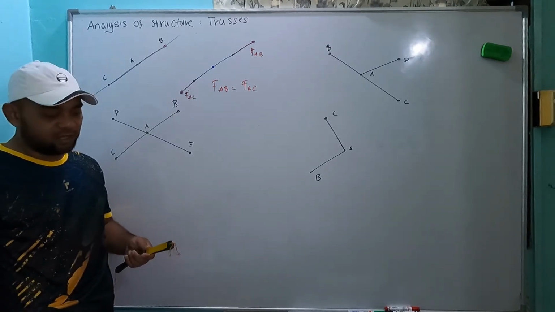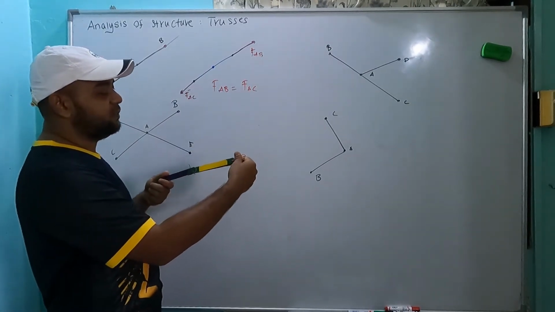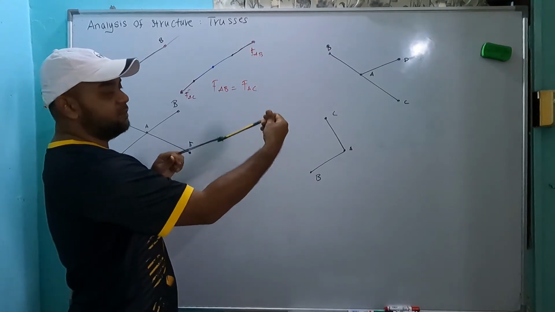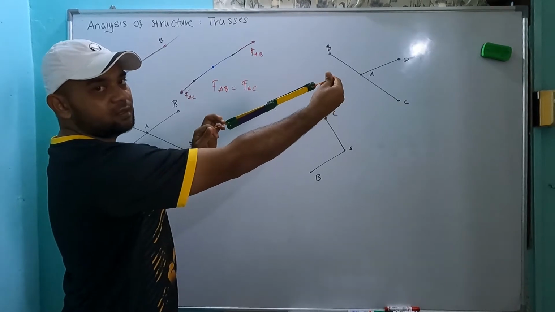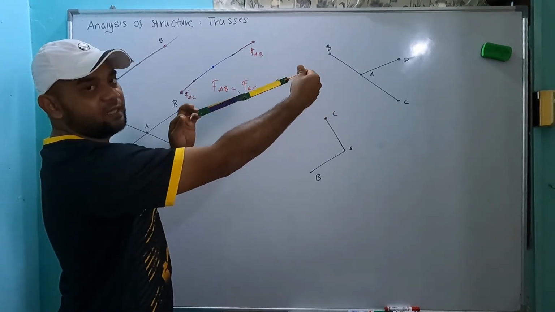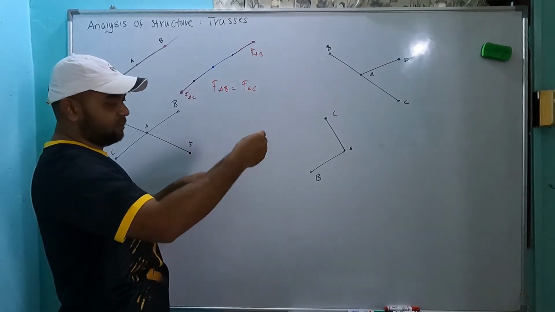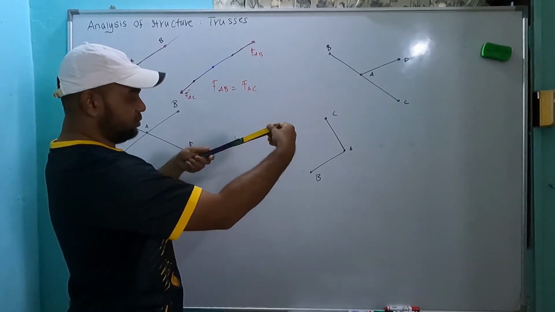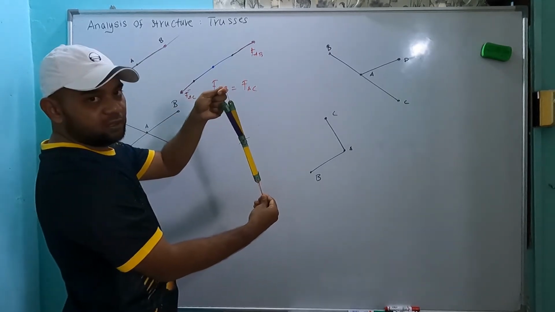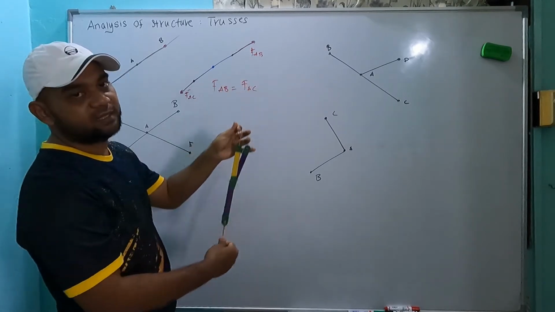If it is not equal, it will not remain static and will not be in equilibrium. For example, if the forces are in opposite directions but this force is bigger than that one, it will move in the other direction. If they are not in the same direction, for example one is this direction and the other is pulling down, it will not remain like this but will go down. But still, the forces acting upward and downward will be the same.